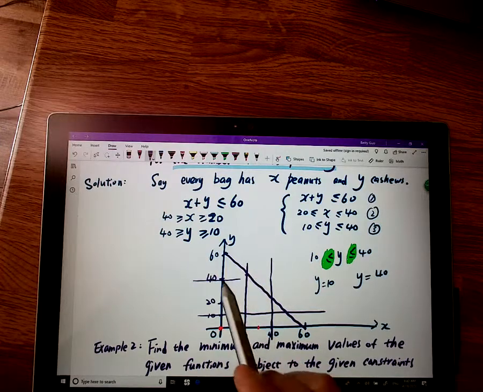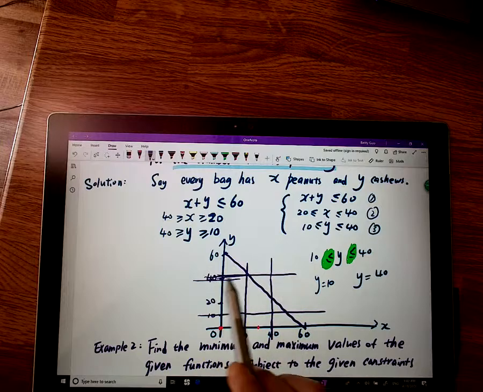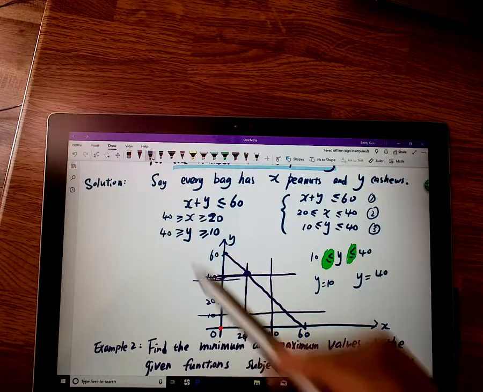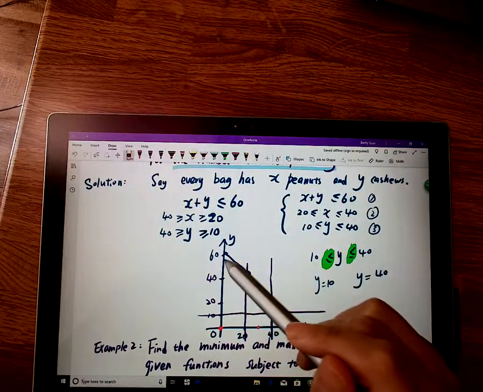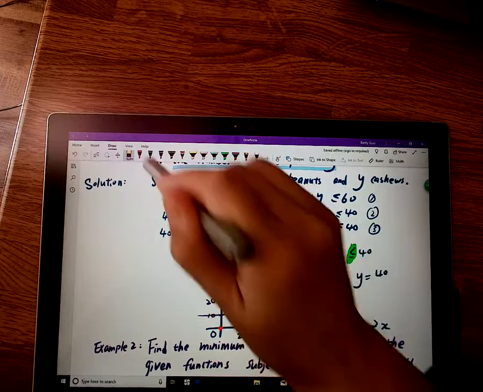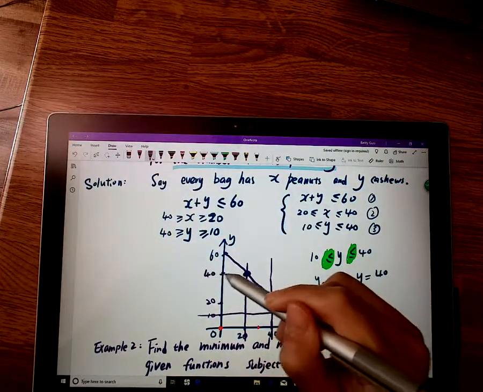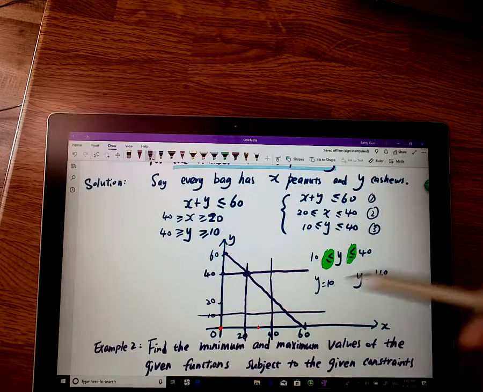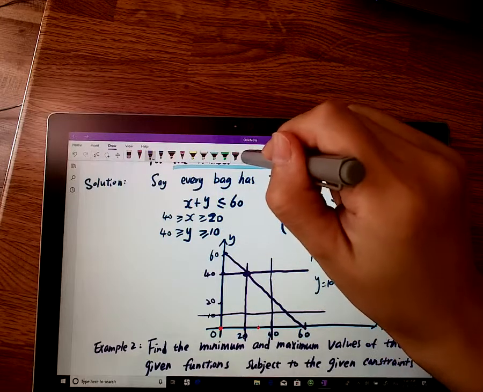Yeah, so this is going to be this way, because this point has a y value of 40. Let me put 40 a little bit higher. So this is y equals 40. Alright? Maybe a little bit confusing now.